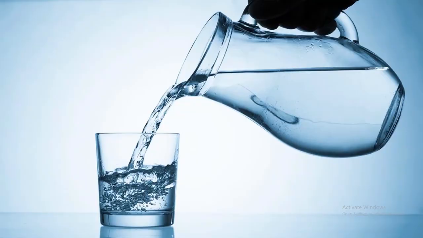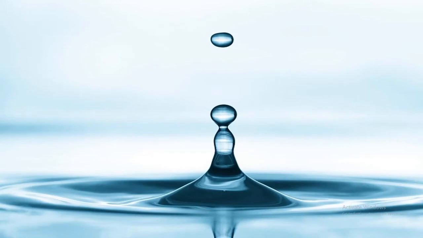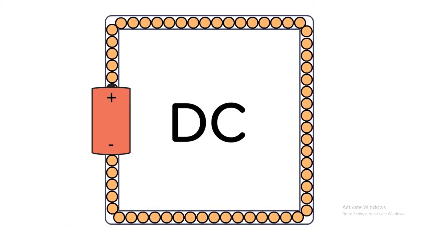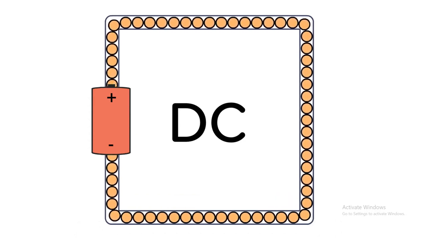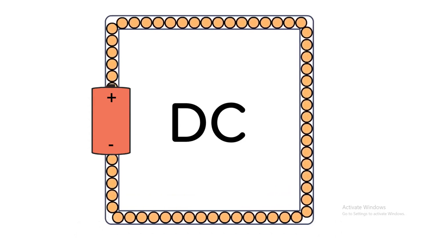Now we are also taking the water example for ampere. You can see here friends, the water consists of small tiny particles, meaning small drops. The drops of the water at the end become a huge amount of water. Like this, the charges also consist of small tiny particles. That particle is called electron.